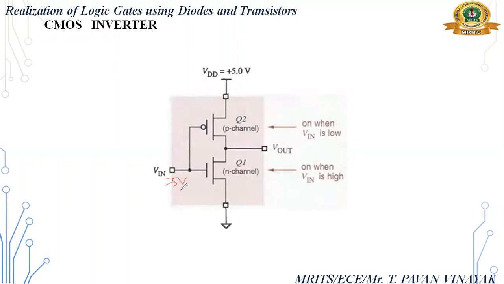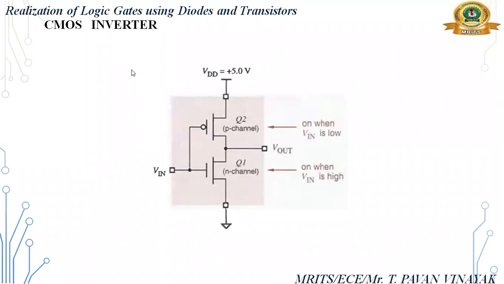Whenever Vin is 5 volts, one is off, one is on. So what happens? Vout is 0 volts. This is the CMOS inverter.